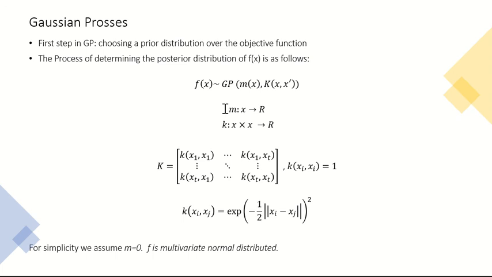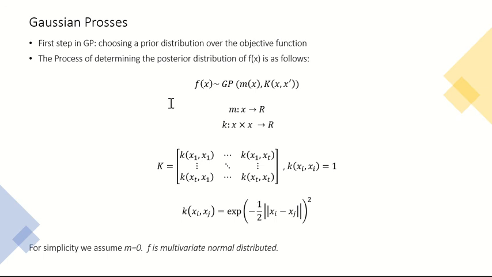The mean is a function over this domain, and K is a covariance matrix with this definition. All the elements on the main diagonal are equal to 1, and the other elements can be calculated with this equation. Also, for simplicity, we assume that m is equal to 0.